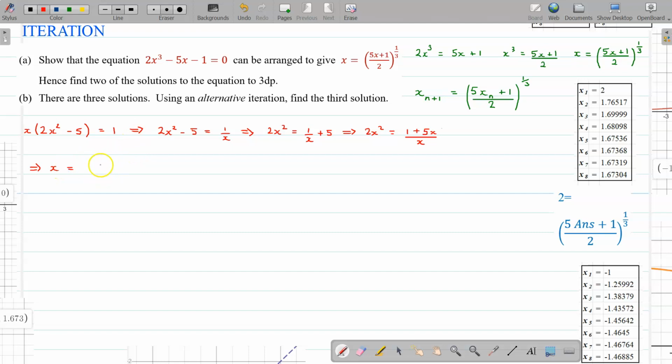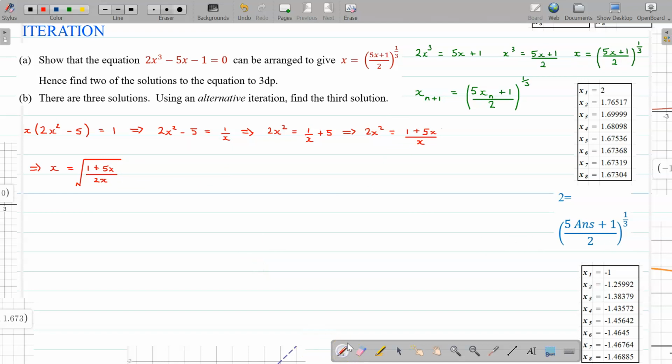I think x equals the square root of 1 plus 5x, all over 2x. Okay, so if I just complete that like this, and I'm going to use the proper square root sign this time because it's more recognizable when you write a square root rather than a cubed root. Okay, so that is another iteration, and there are many more, as I said.